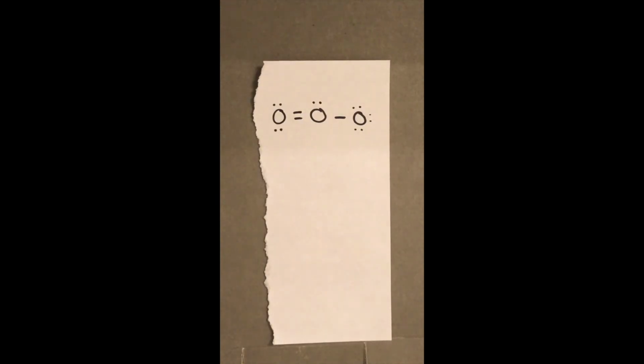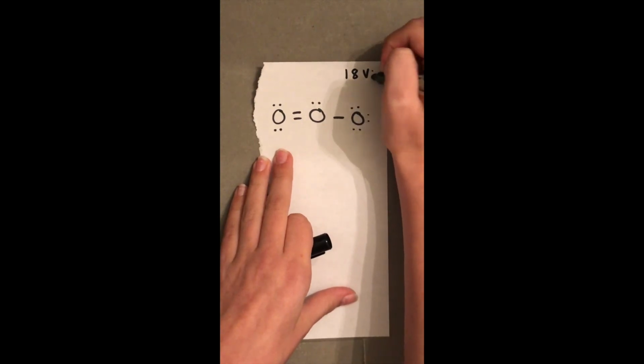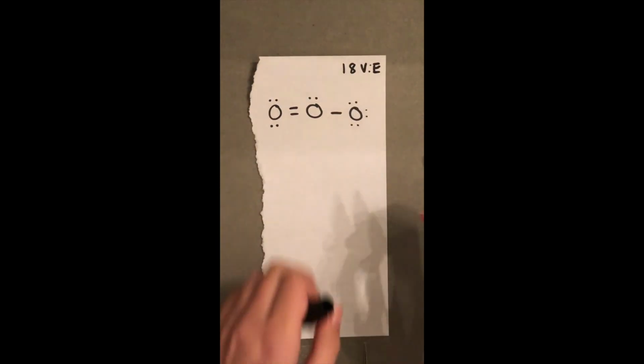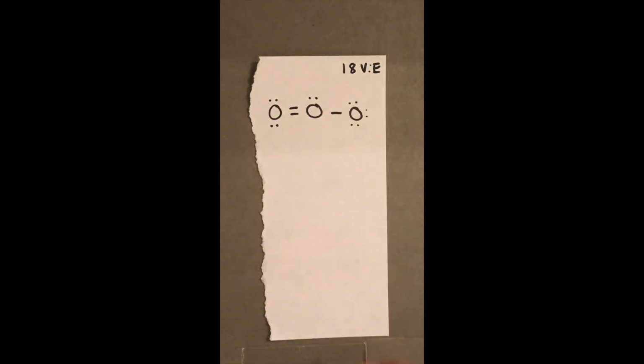This is the Lewis structure for O3. Since they are all the same, there is not one more electronegative than the other, so there will be no dipoles. We're going to check the Lewis structure. There's 18 valence electrons. So 2, 4, 6, 8, 10, 12, 14, 16, 18. And they all have an octet.